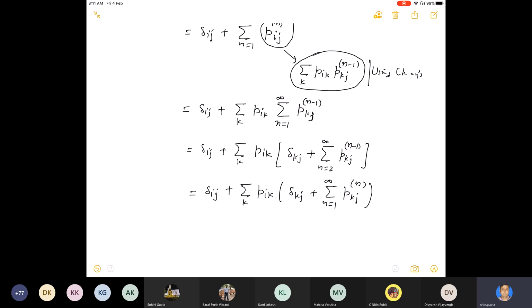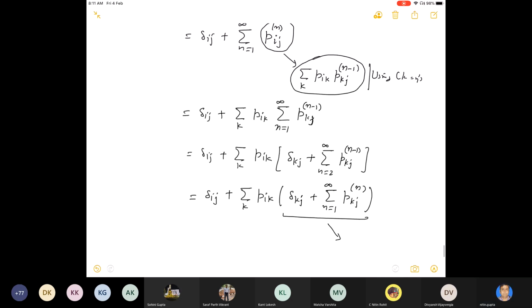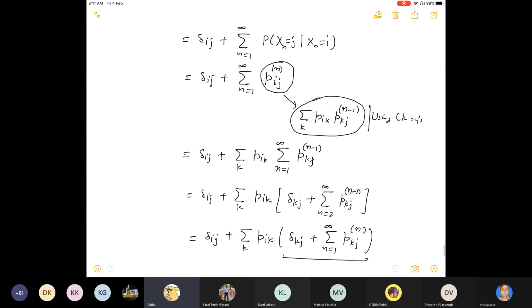So this is the value we are getting. This value is nothing but from here, star.